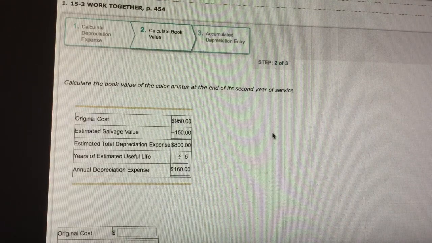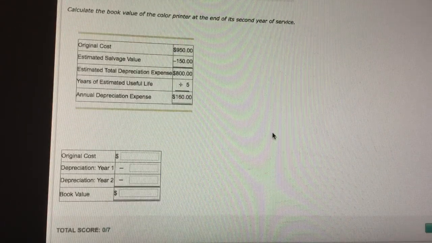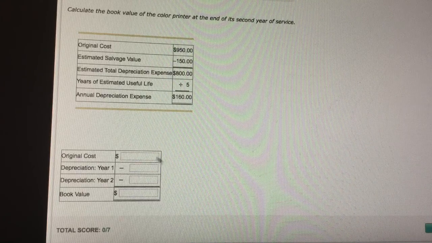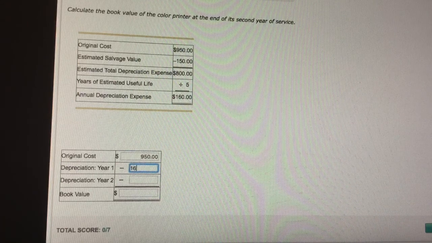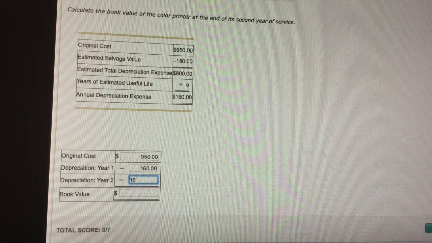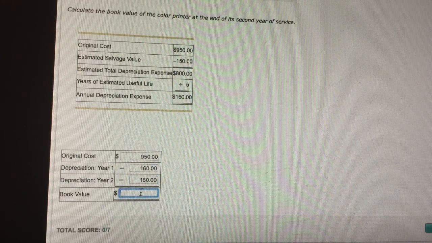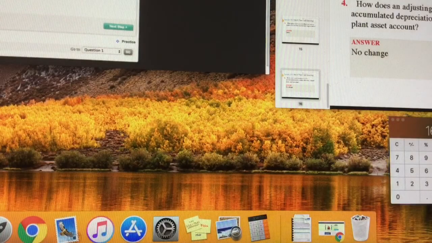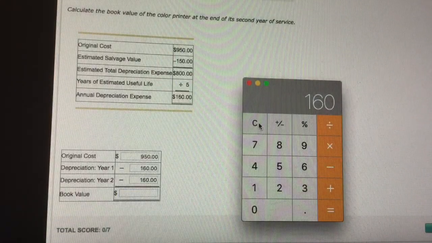So in step 2, they want the original cost again, which was $950. After year 1, we're going to depreciate $160. After year 2, we're going to depreciate $160. So at the end of year 2, they want to know the book value. So we're going to go back to our calculator, clear it out.